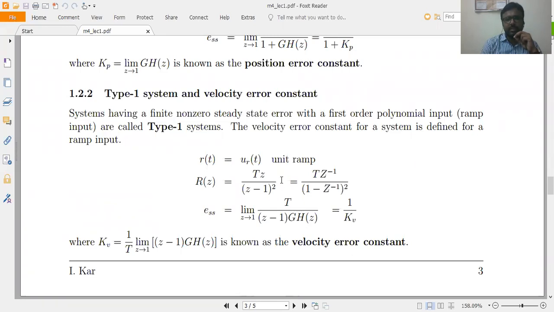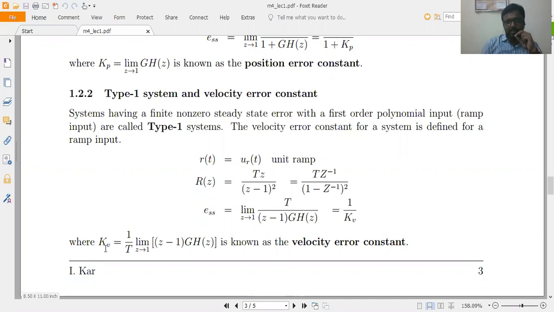This expression, that is 1 divided by T into limit z tends to 1 of (z minus 1) into g into h of z, is considered as Kv, and this Kv is called the velocity error constant.